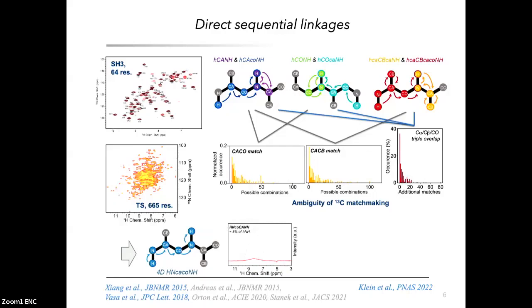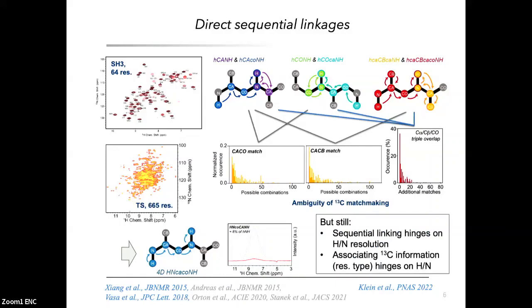And so this is something that really keeps a very high signal to noise, despite the multiple transfers, of around 8% compared to an HSQC when looking at the bulk signal. So that is good, but still, if we have very drastic overlap, that is a problem because the sequential linking, even though we have crossed out the carbon ambiguity, we still retain the ambiguity due to amide overlap.